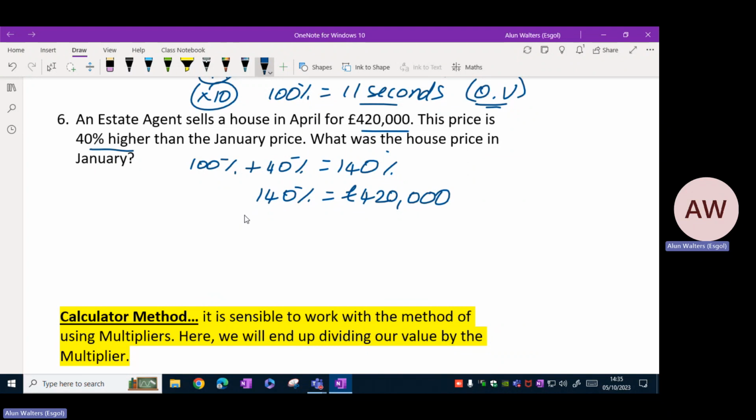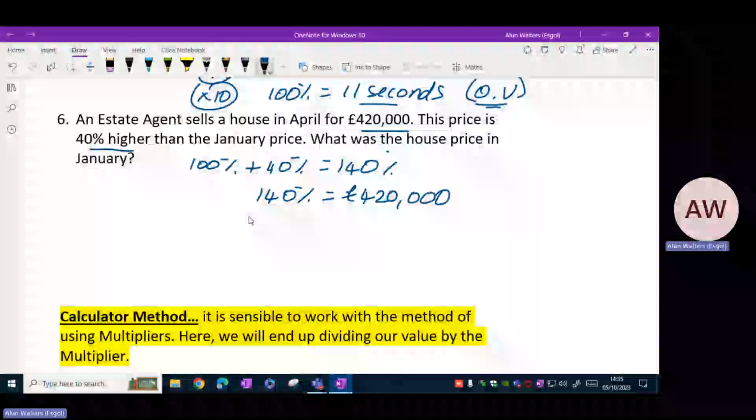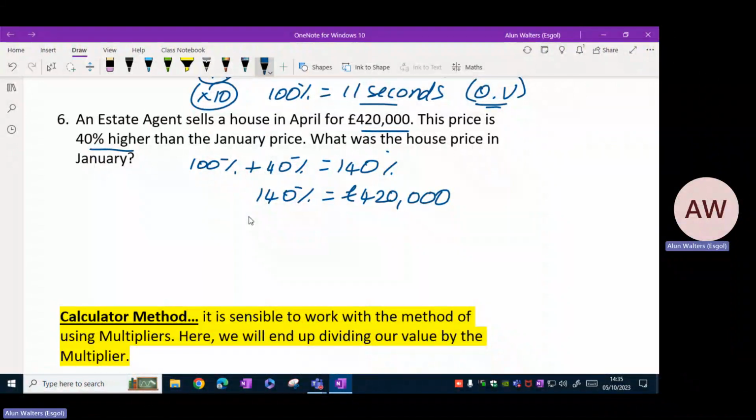So I could divide both sides by 7 to be able to find 20%, but I'm going to divide both sides by 14. You have a choice. I'm going to divide both sides by 14 to find 10%. If you wanted to divide both sides by 7, you could end up with 20% equals.